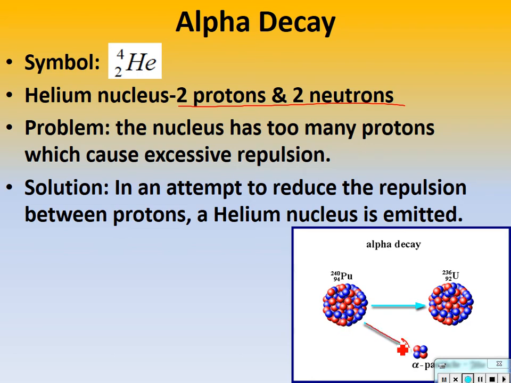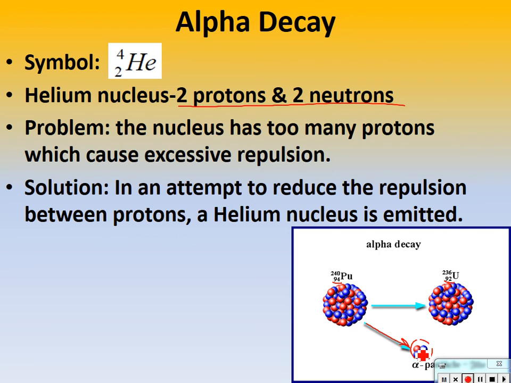How many protons did it lose, guys? 2. How many neutrons did it lose? 2. It lost 2 protons and 2 neutrons. Did it lose a lot of mass? Yeah, how much did the mass go down by? 4. Because each one of these has an atomic mass unit of 1.